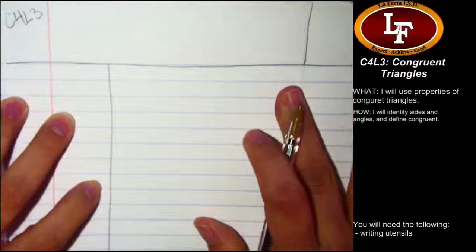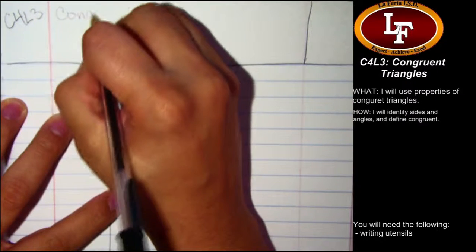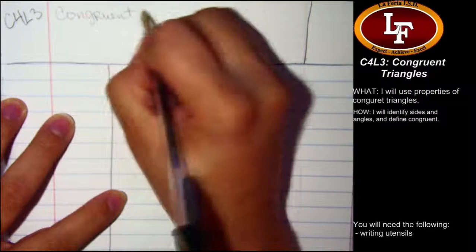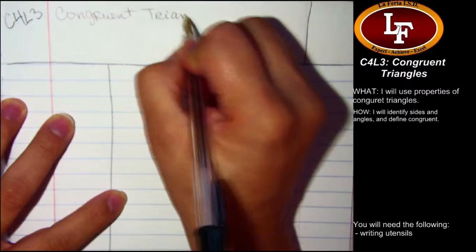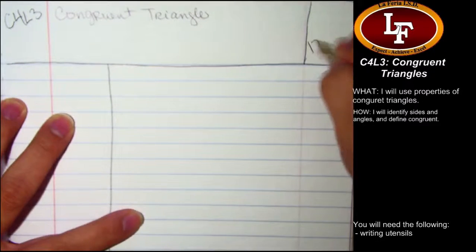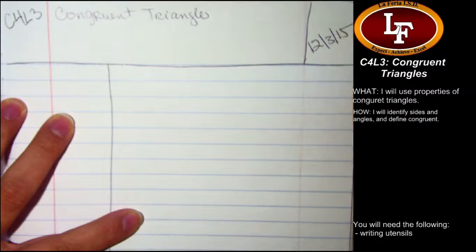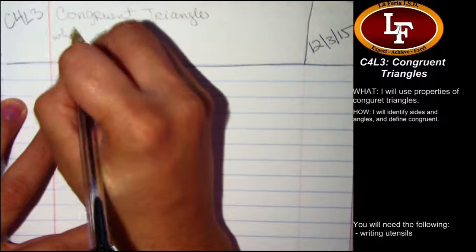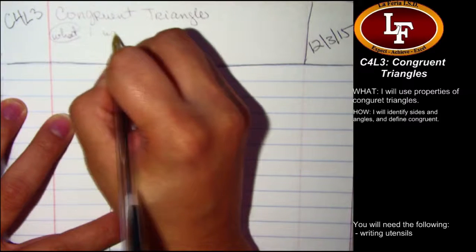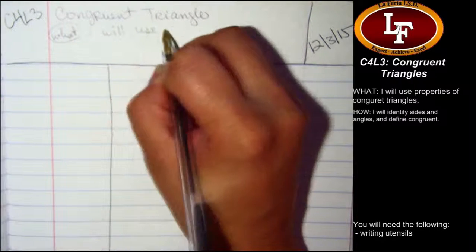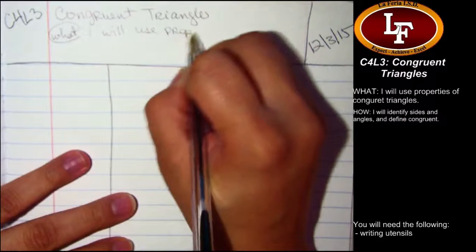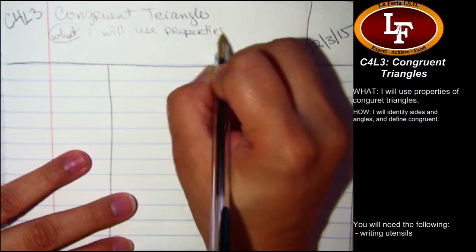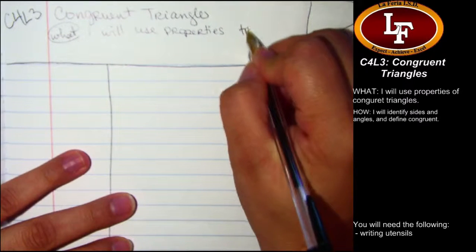Today's lesson is chapter 4, lesson 3. We're going to be starting on congruent triangles. Today is the 3rd of December. We're going to be using properties of congruent triangles in order to say things about other triangles and their parts.